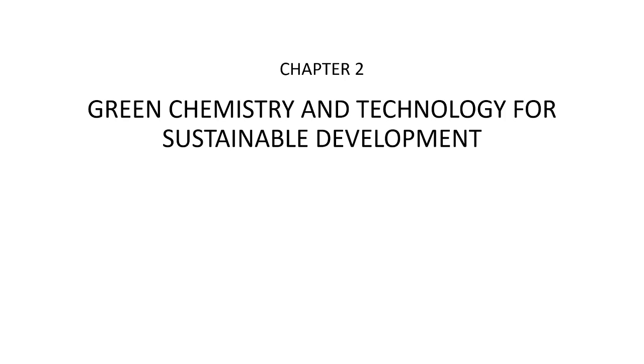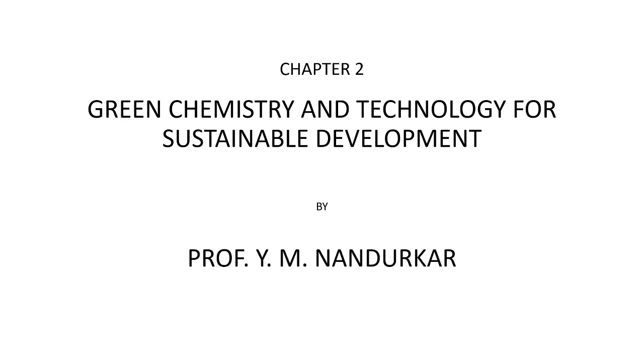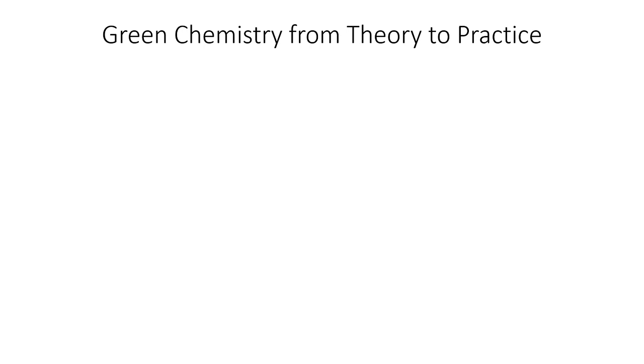And the details of green chemistry and green technology for sustainable development, all the aspects that we are going to discuss in this chapter in detail. So first, we'll start with green chemistry from theory to practice.